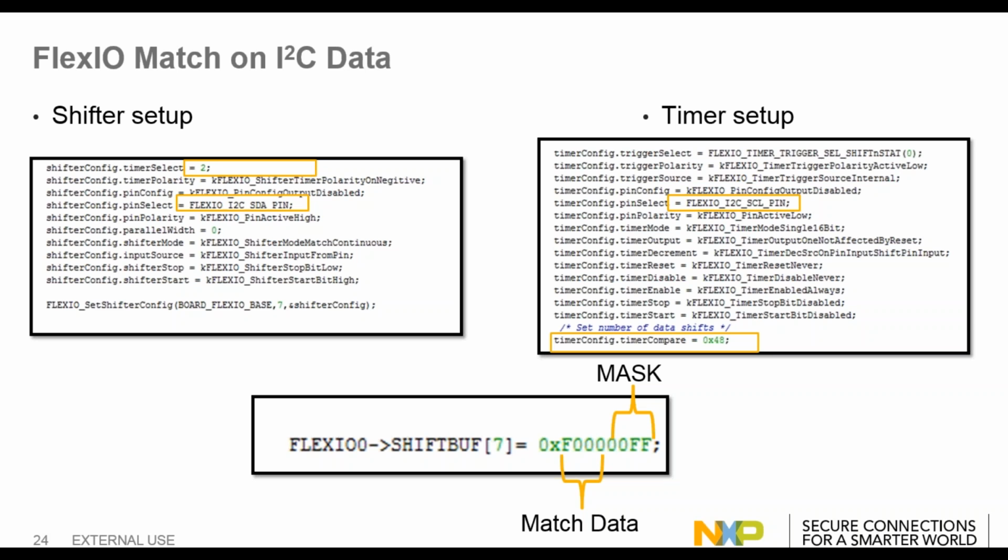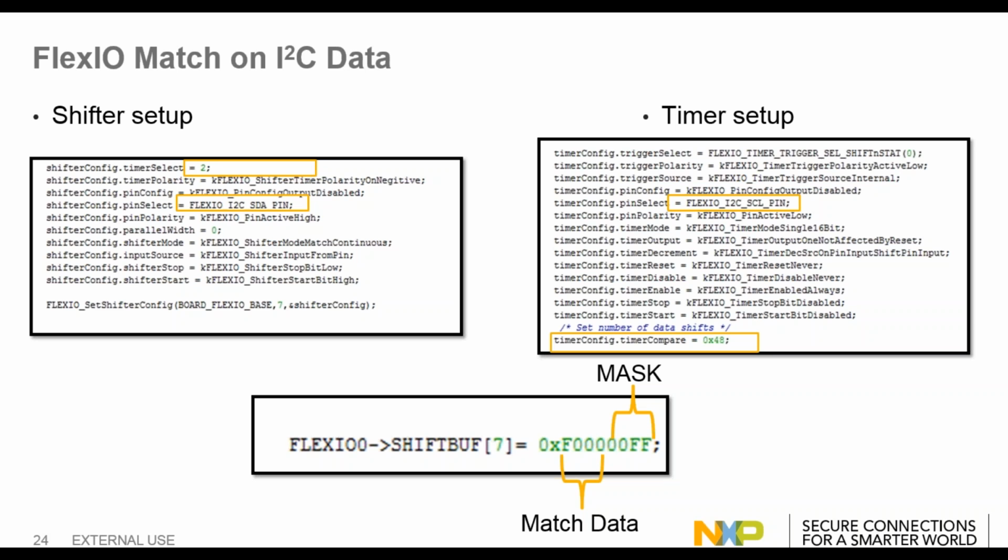And the configuration for the timer is shown on the right. Some important configuration for this timer is what is shifting in the data. Well, it's I2C, so we have highlighted the FlexIO clock pin as the source for shifting in that data. And then another important aspect of this timer setup is the amount of data shifts.